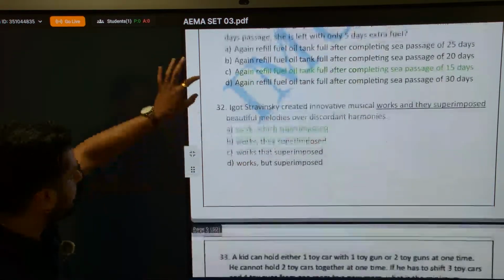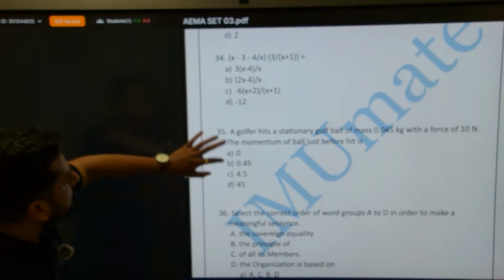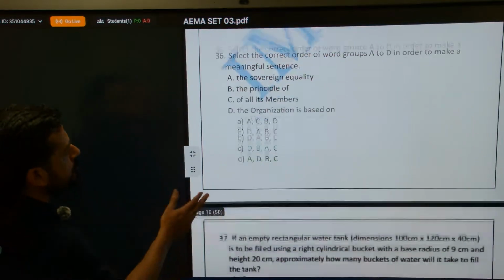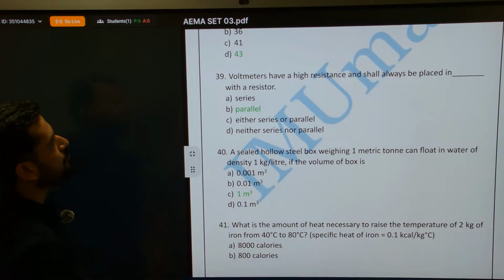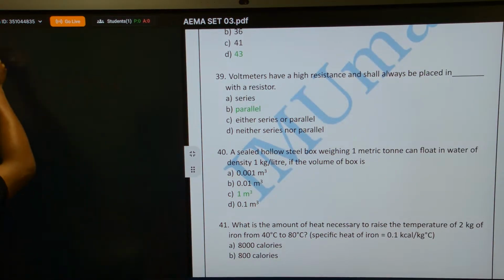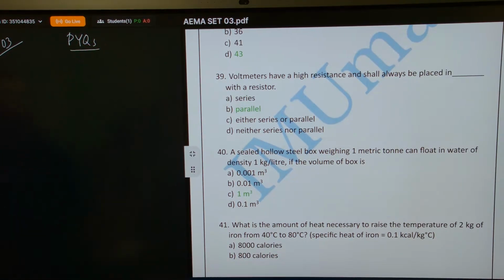Okay, look at it carefully. If you don't get anyone, I will proceed to the next question paper. Yes, 39. Set 03. We are doing PYQs.